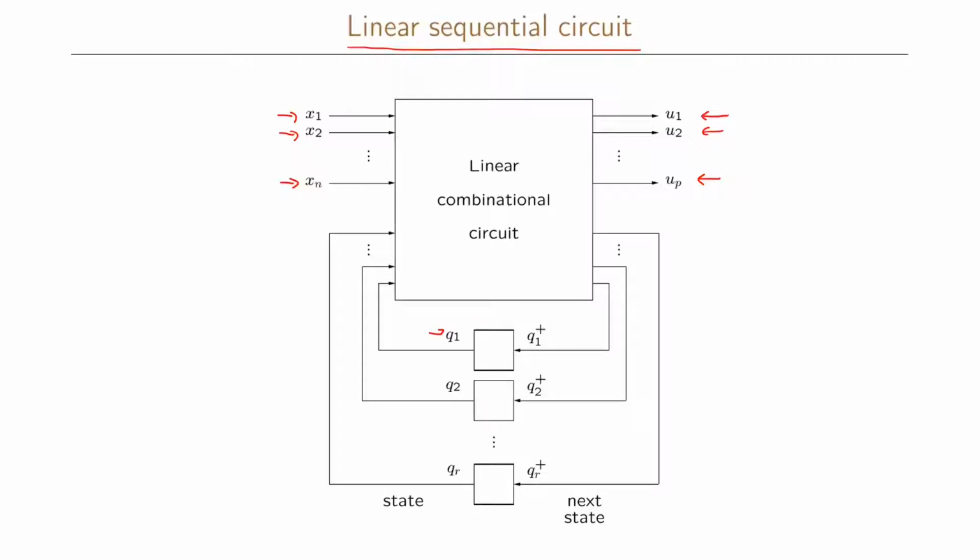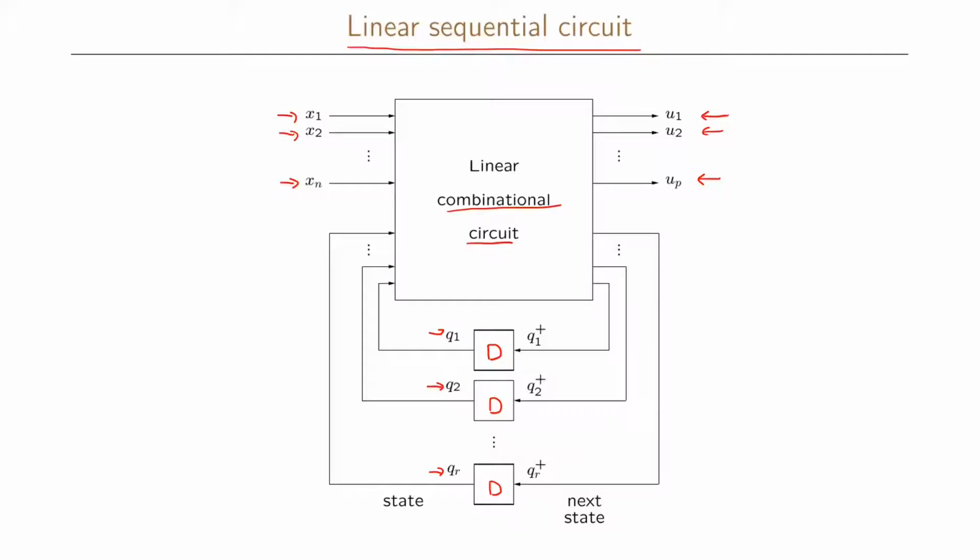And these variables are seen as the output from our D elements that we have here. So these are the delay elements that we have in our sequential circuit. For a linear sequential circuit, this combinational circuit is a linear combinational circuit.